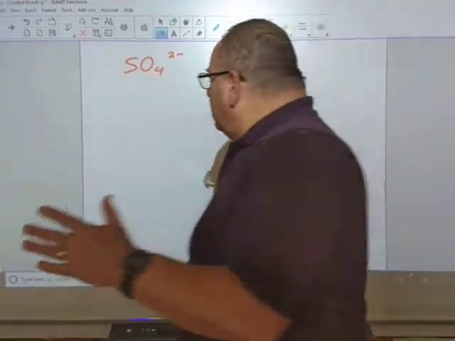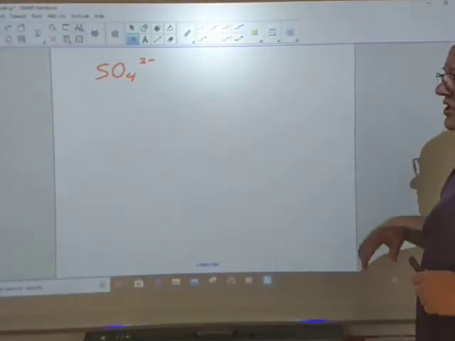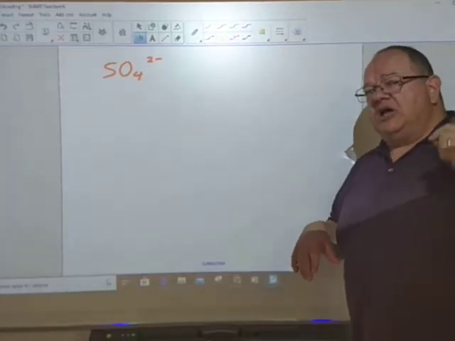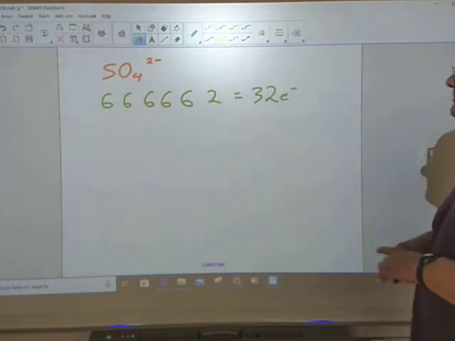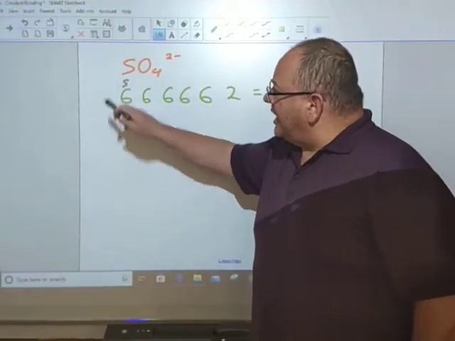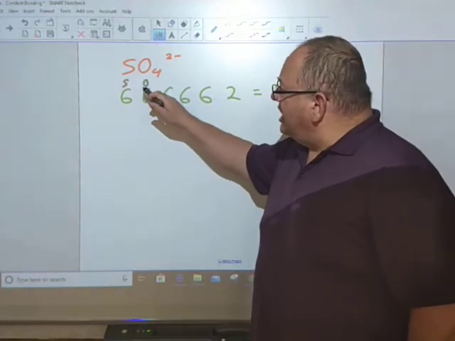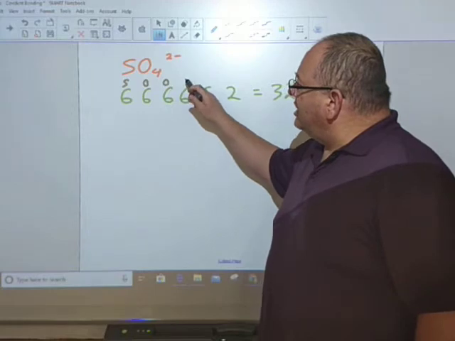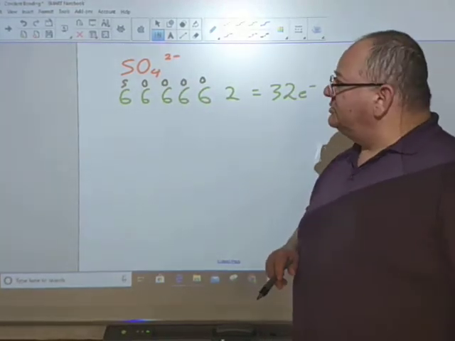So let's take a look at the sulfate ion with these rules. Step 1 said, let's count up all the valence electrons. All right, here's my count. I've got a sulfur atom with 6 valence electrons. I've got an oxygen atom and another oxygen and another oxygen and another oxygen, all with 6 valence electrons.